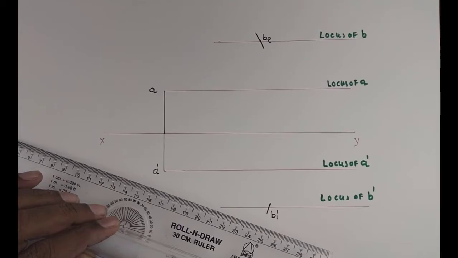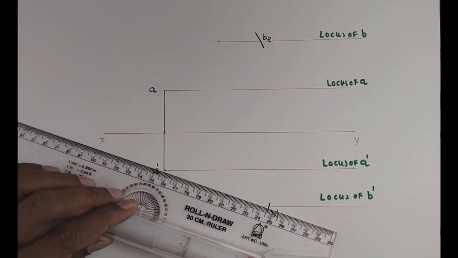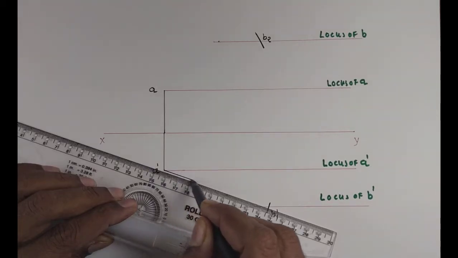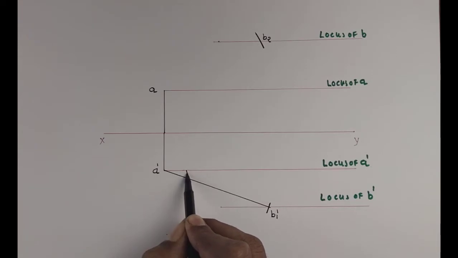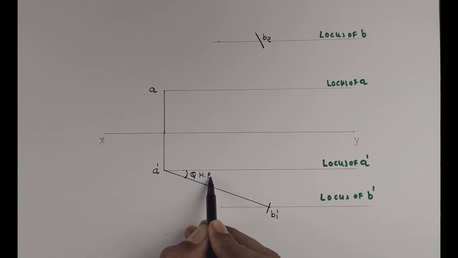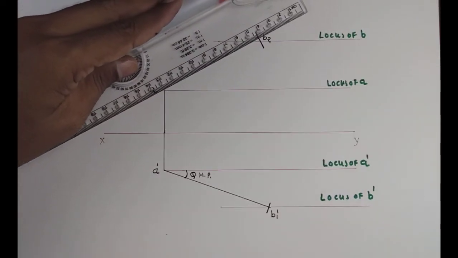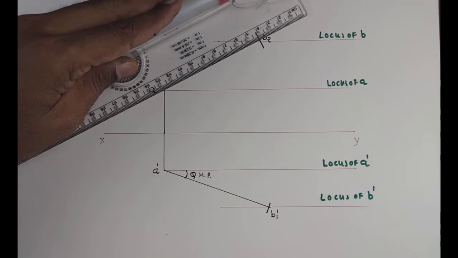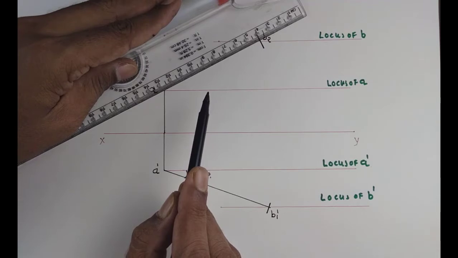Now join your A dash B1 dash, line inclined to HP, theta, and similarly you can join your A B2, line inclined to VP. Here you can get the initial two answers.